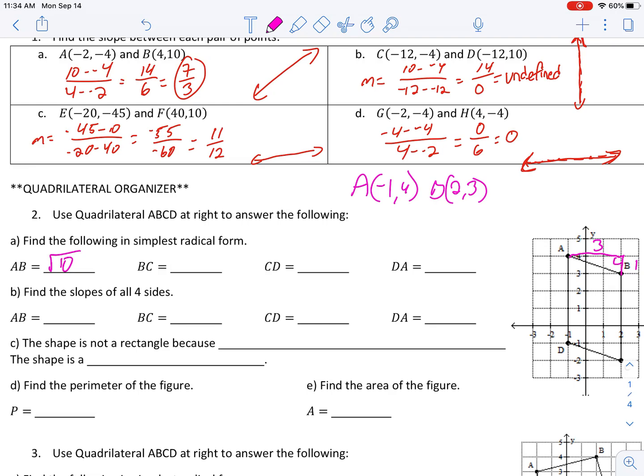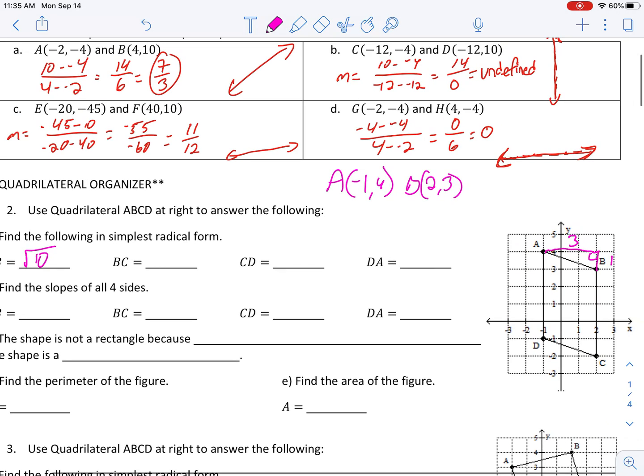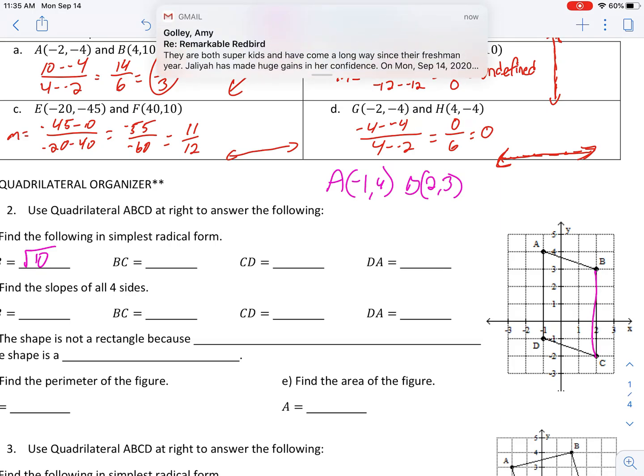Now again, distance formula is old stuff. We've done that for quite a few lessons now. So I'm going to let you work through that. Pause it here, find those, and then once you find those other three lengths, let's pick it back up. So BC, well heck, BC is just a vertical line.